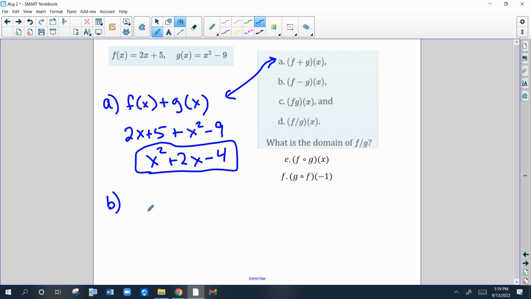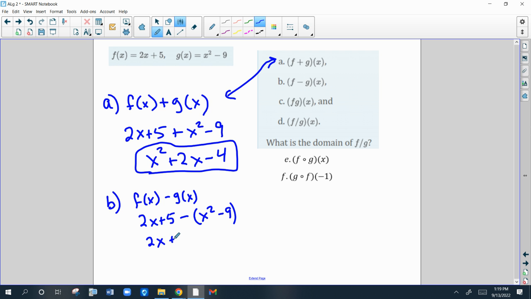B, subtracting them. So f of x minus g of x. That's the same as addition, except you have to subtract. However, you have to be very careful on subtraction, because when you're following a minus sign, like g is, make sure you're subtracting the entire g. So show it with parentheses.